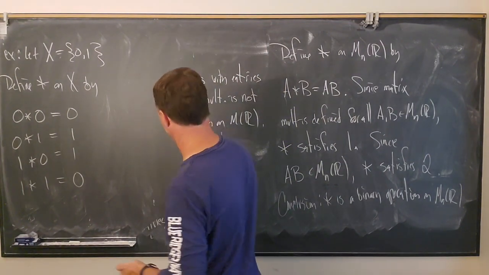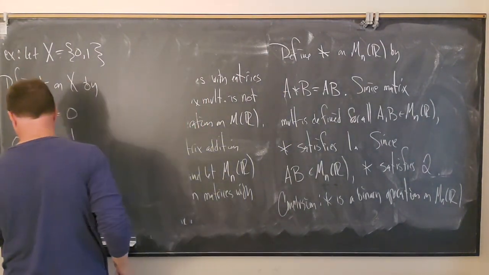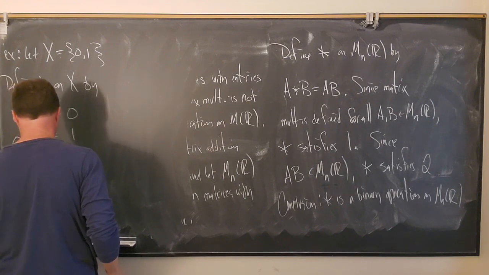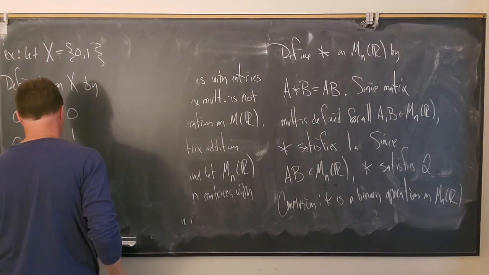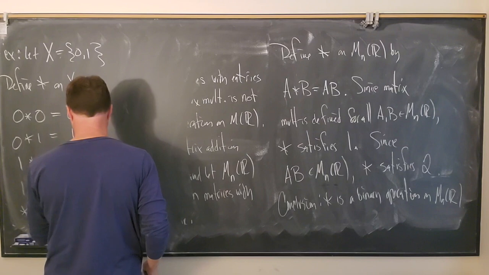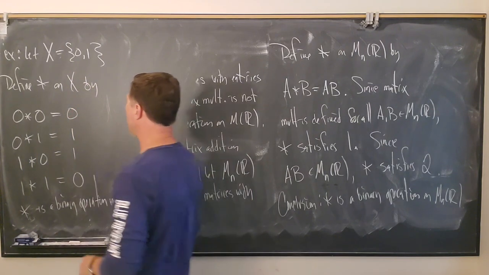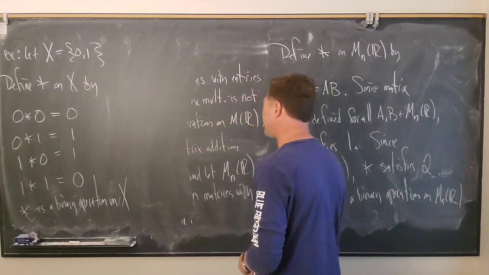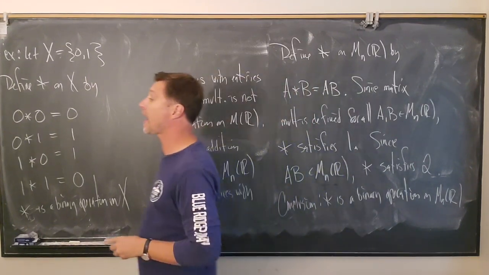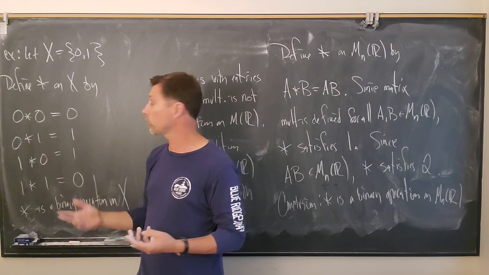So now star is a binary operation on capital X. Why is that? What is part 1 of the condition? Well, we need to have it defined for every possible ordered pair.